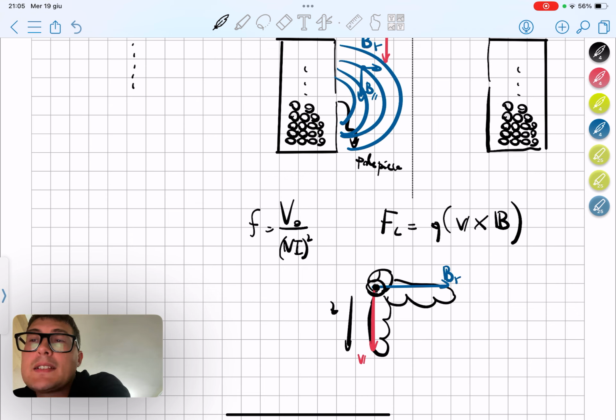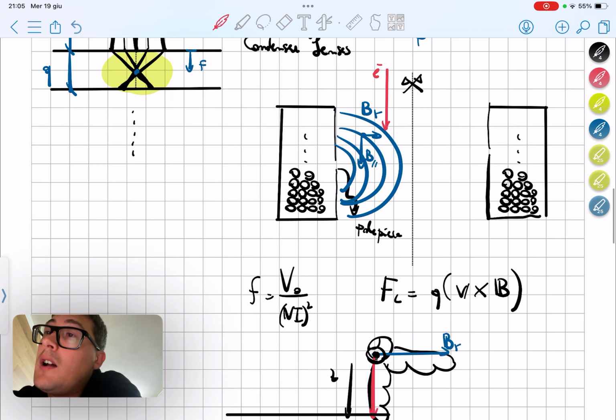Okay, so as soon as the electron feels these vertical forces coming out, you do the same. You put your index finger on the vertical components and your other finger towards, in this case, the parallel components of the magnetic field, and your thumb will tell you that the electron will feel a force pushing it radially.